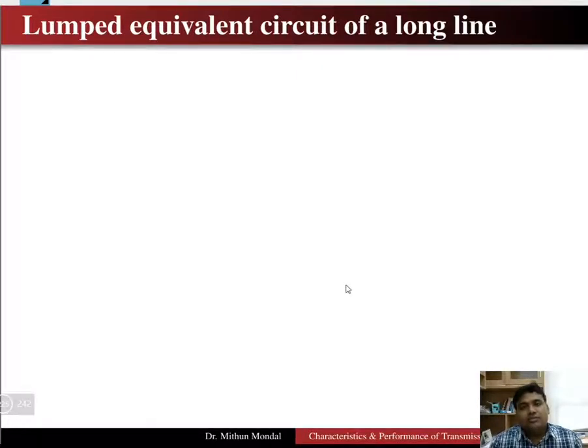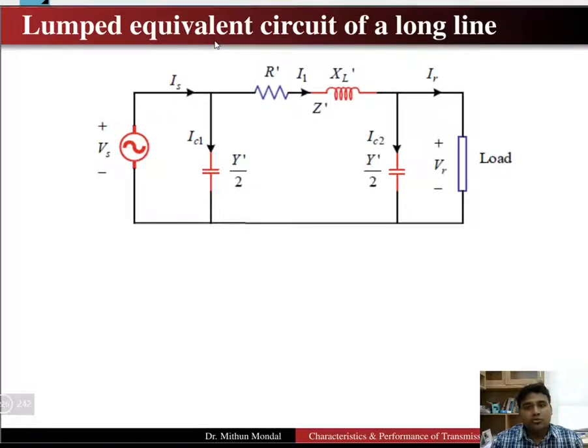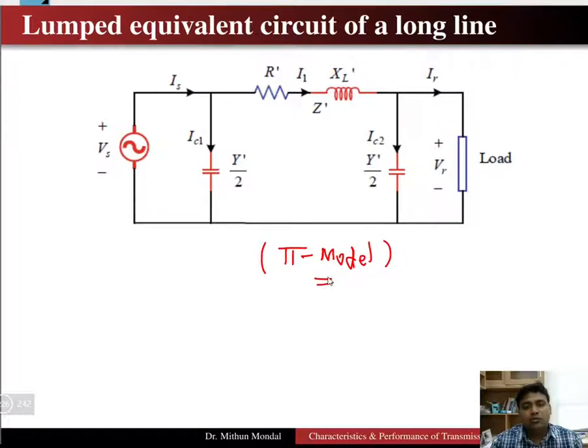So generally we have seen that long transmission lines are represented by the rigorous equations. So here, how do we represent the long transmission line with the lumped equivalent circuit? This circuit is known as the pi model that we have seen for the medium transmission line. The pi model of the medium transmission line that we have used will be fitted to the long transmission line.